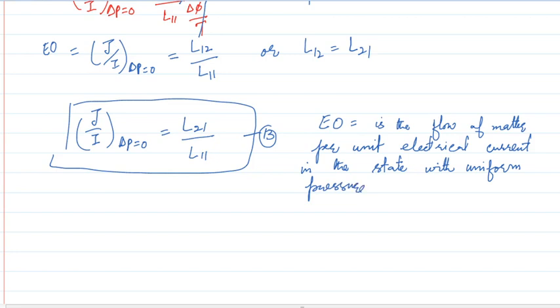That means pressure is the same in both the compartments and change in pressure will be simply equal to 0 for this case. Okay, so this way we can define the electro-osmosis.